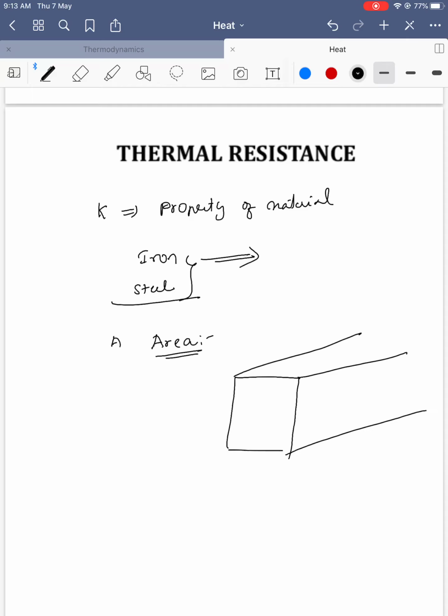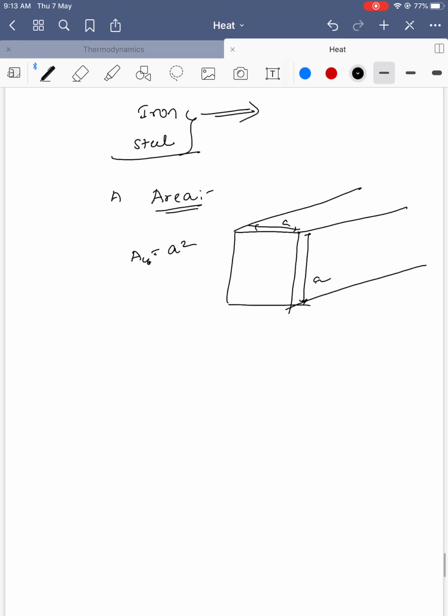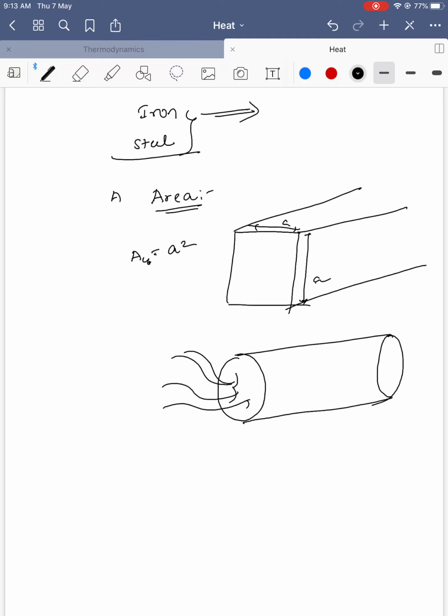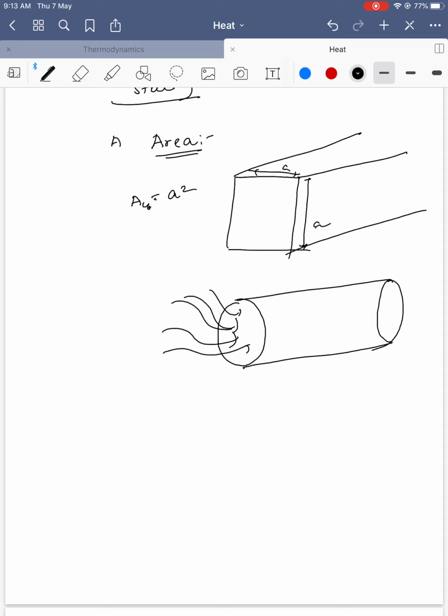In a square section, the effective area will be A squared if the side is A. Instead of a square, if the cross section is like a circle and heat is given on this side, the area which is exposed is the area of the circle. So if the radius is r, then the area will be pi r squared.